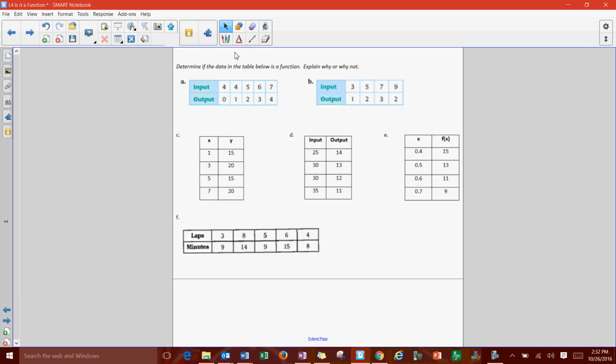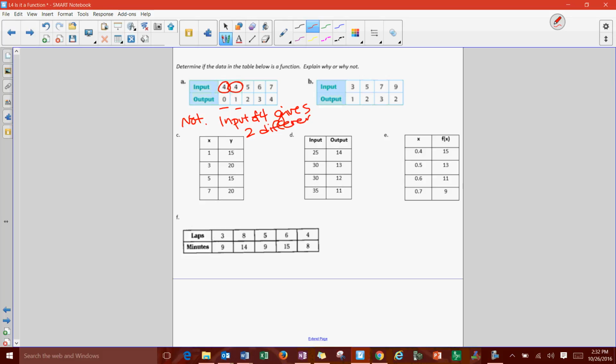So if I look at example A, this function machine is not functioning properly because when I press button 4, I have 2 different outputs. It says determine if the data is a function, explain why or why not. It's not, because an input of 4 gives 2 different outputs.